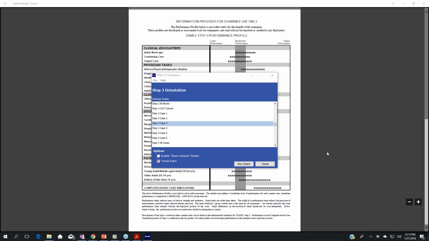Yes, go ahead. Say we have an obscure case and we place some orders initially, and then based on our management or some of the results we're getting, it's leading us towards a diagnosis we maybe weren't considering early on. Is there a way to cancel any orders that you think might be unnecessary and then redirect your orders in that way?